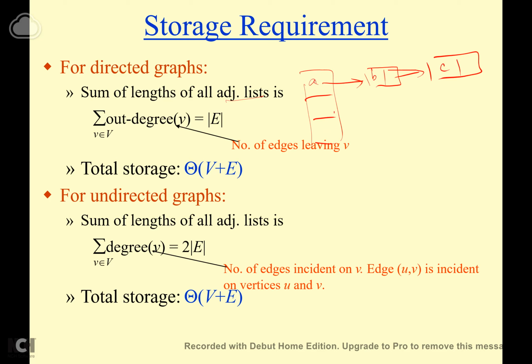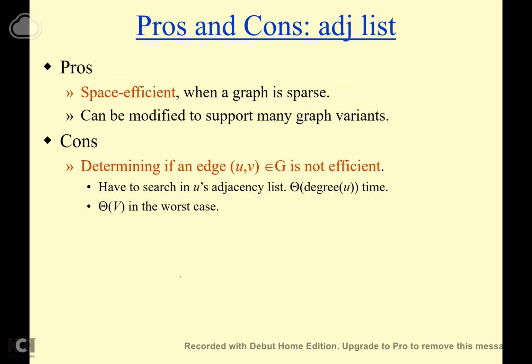So for the directed graph, the total will equal E, and the total storage is V plus E. For an undirected graph, the sum of the lengths of all the adjacency lists is double E. Total storage is still V plus E.